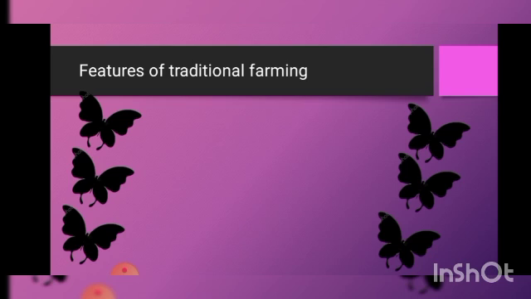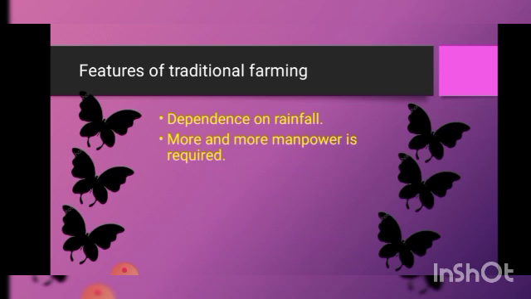Now, let's have a look at the features of traditional farming. First one is dependence on rainfall. Farmers used to depend upon rainfall. If there is good rainfall, then there will be a good crop. No rainfall, no crop. Next is, as we have discussed, more and more manpower is required.